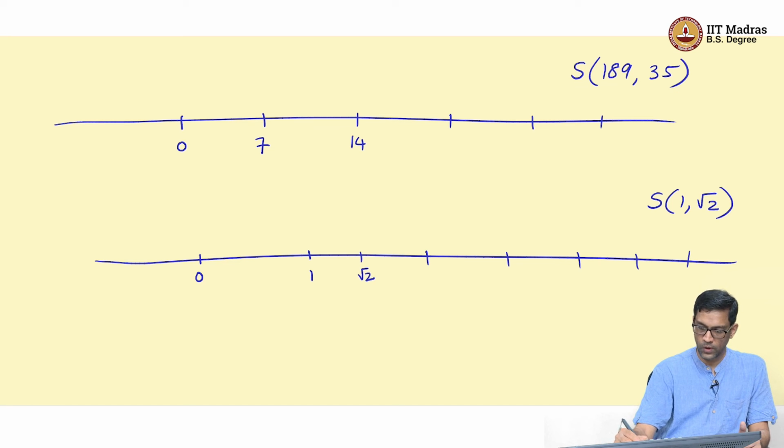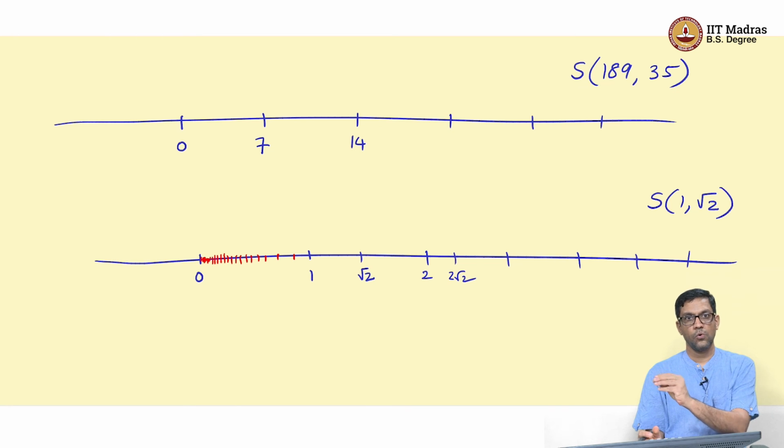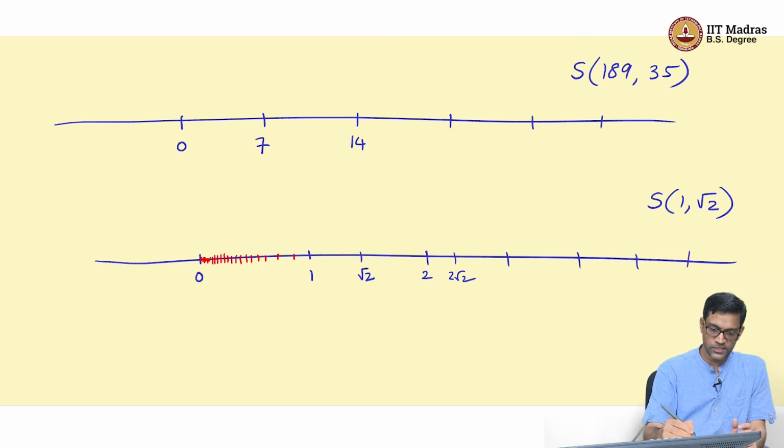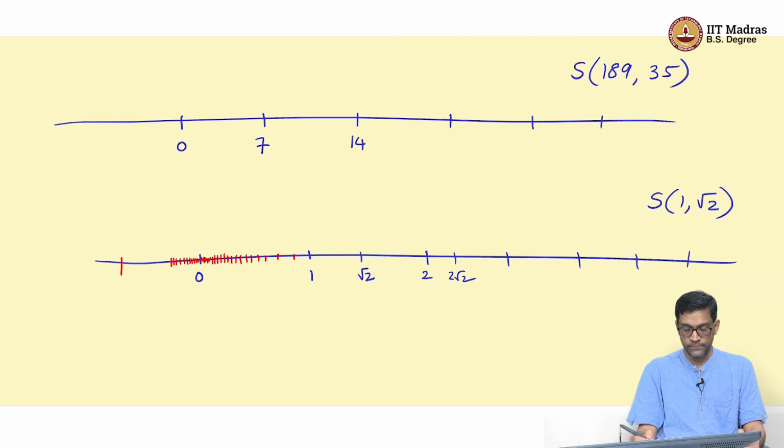Likewise, all multiples of root 2 are there, 2 root 2, 3 root 2, etc. But interestingly, all these remainders that we constructed, right, root 2 minus 1 powers, they are all numbers which live in this region, and in fact, if you actually plot the points of this set, you will find that there are many points in this interval, and in fact there is a whole sequence of points converging to 0. Okay, and the same is true on the other side. Of course, similarly you will also get minuses of those guys in it, and so on. So this is a very, very different kind of set that you generate.